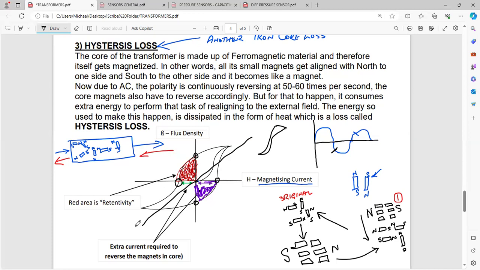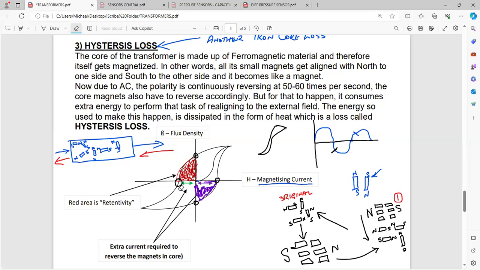So ideally, you would like a nice straight line like this. But as I said, on this earth and in this world, nothing is perfect. You don't have such a material. All that you can do is use that cold rolled steel, which will make this thick fat BH curve or hysteresis curve a little bit slimmer. But you will have hysteresis loss.